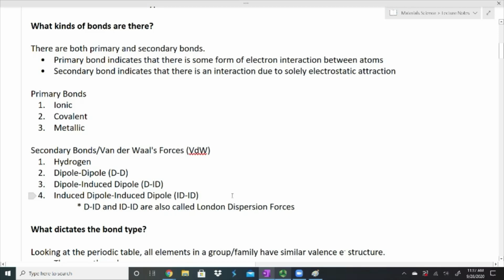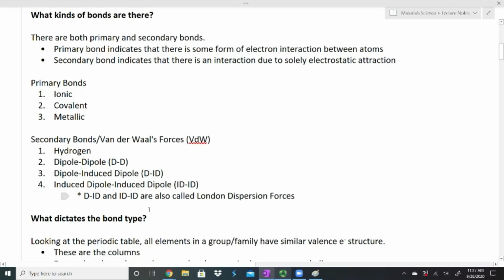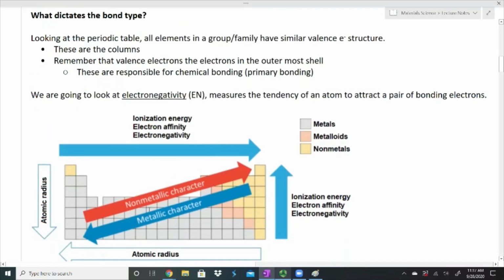And in short, these last two, number 3 and 4, anything that has an induced dipole, are often called London dispersion forces, and they are just very, very weak secondary bonds. All right, we will talk about these throughout the rest of this video, but that was just the overview.